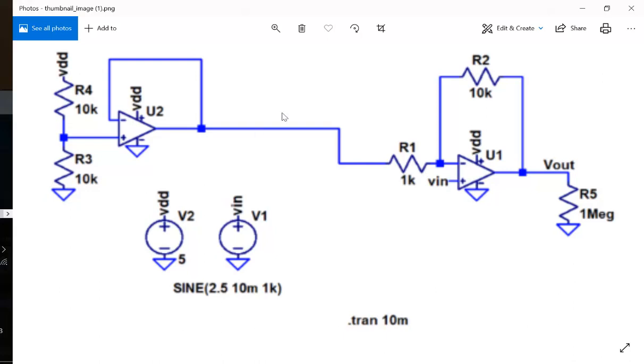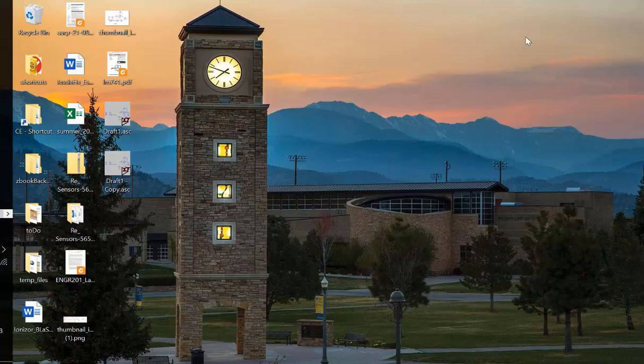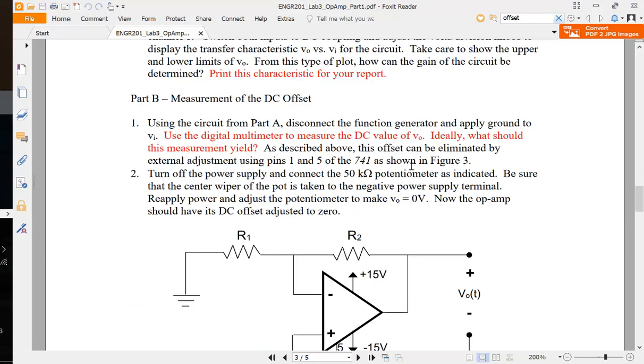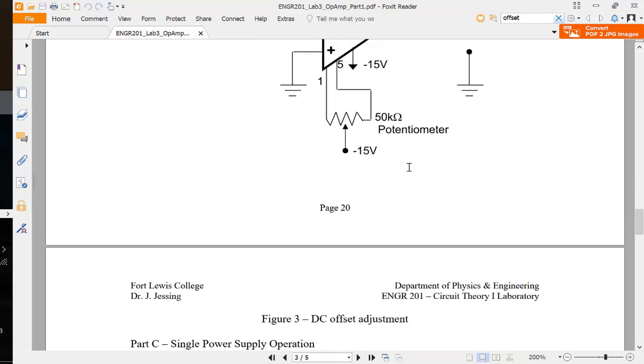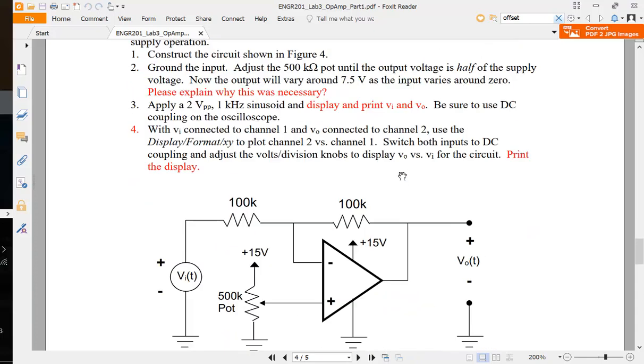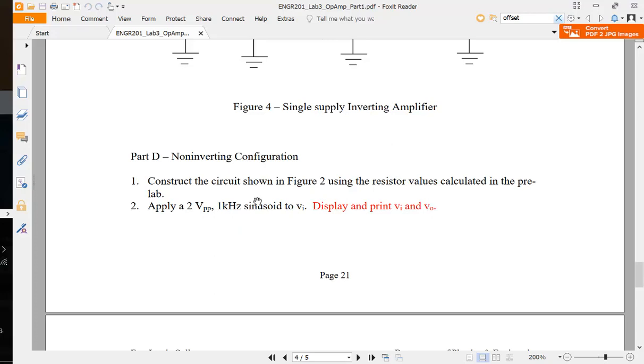I think for the inverting topology, I went through both connections, right? You have a negative 15 bottom rail, you have a 0 bottom rail. I just showed you how to do it. And for the non-inverting, let's scroll down. Okay, see here, part D, keep in mind, remember it.